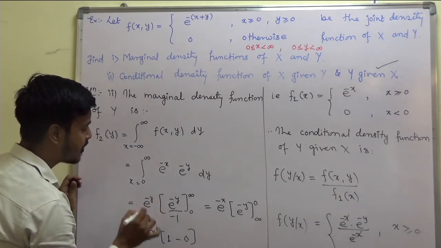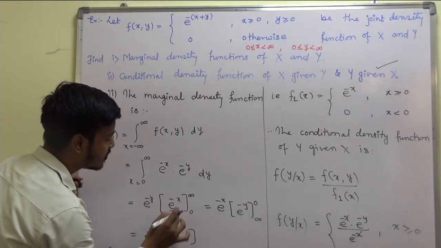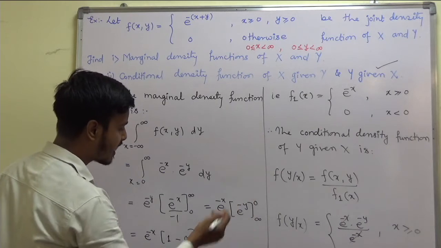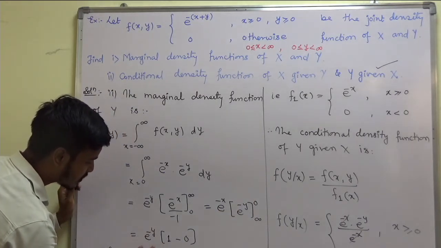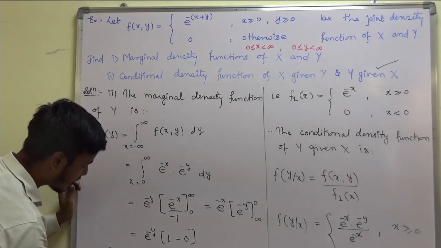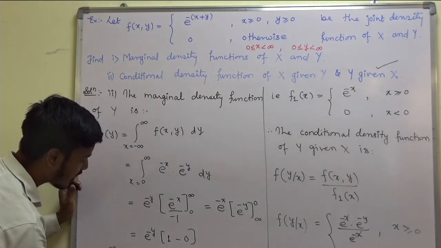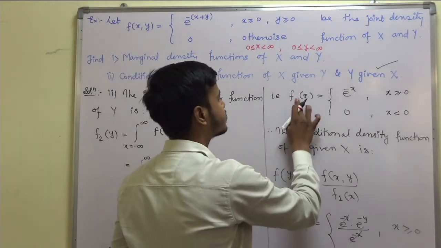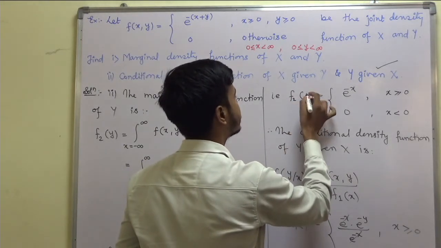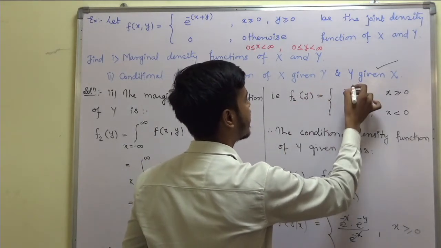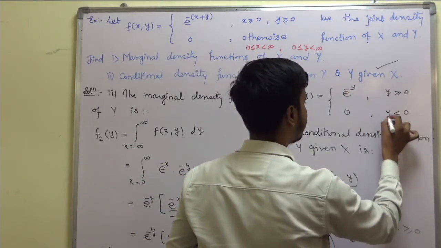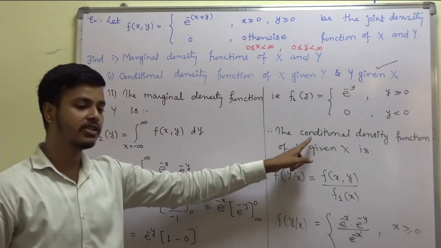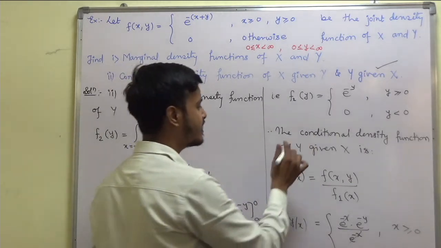Just take e to the power minus y common, integrate e to the power minus x, apply the limits, and you'll be getting e to the power minus y. That is my marginal density function of y. So write down its general form: e to the power minus y for y greater than equal to 0, and 0 for y less than 0.